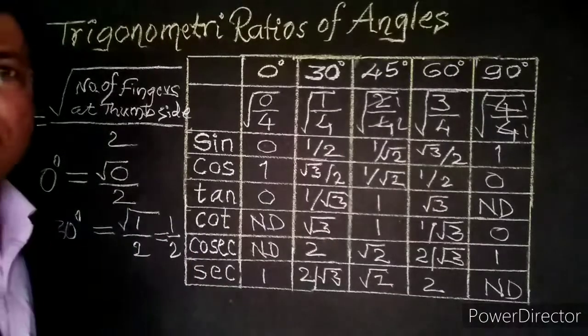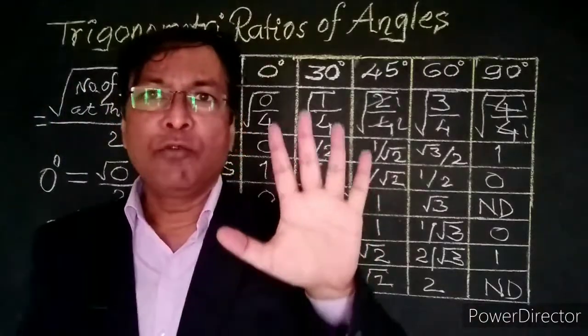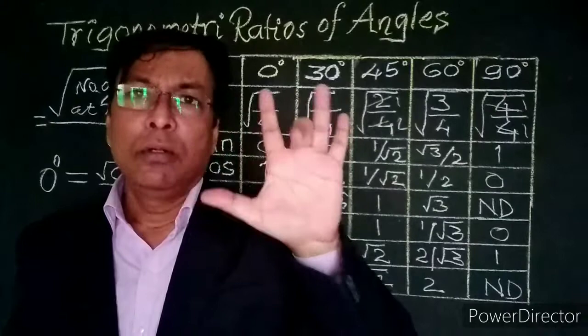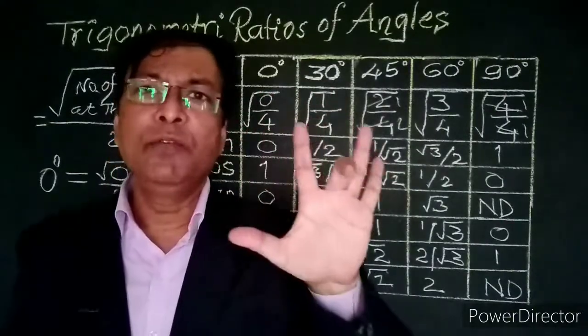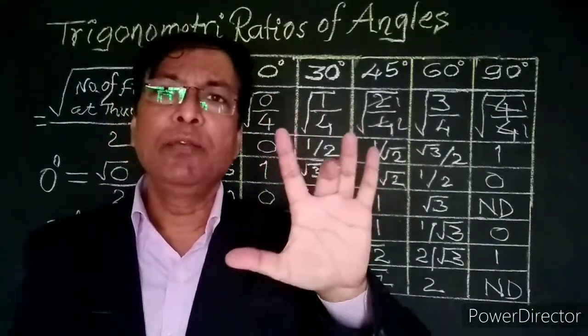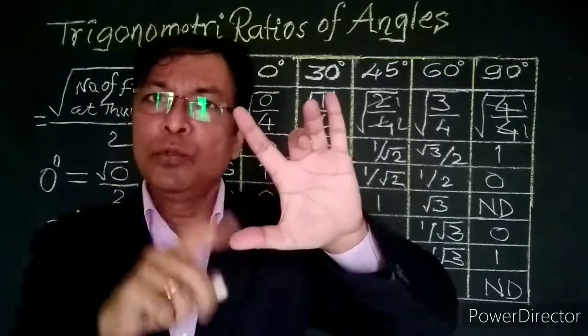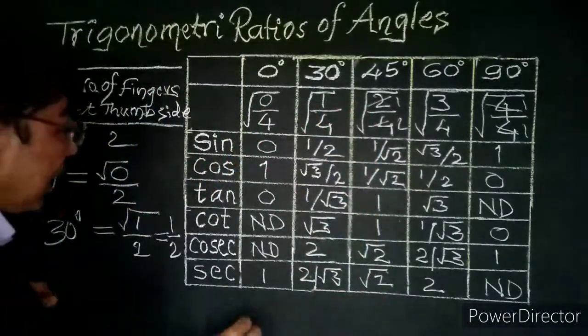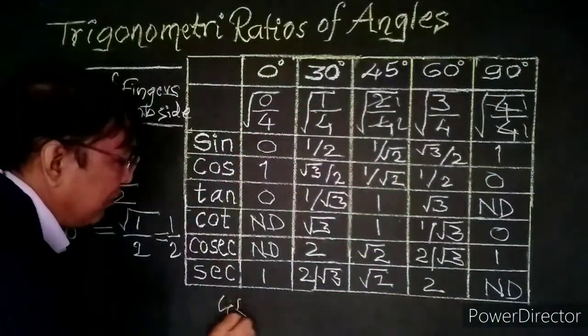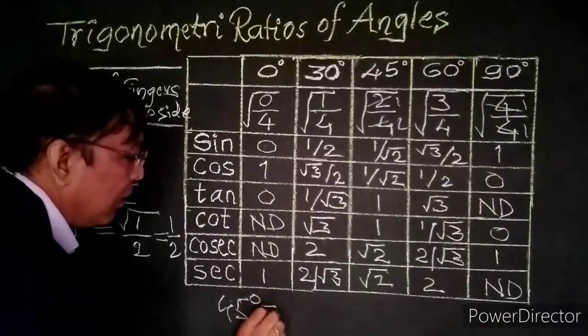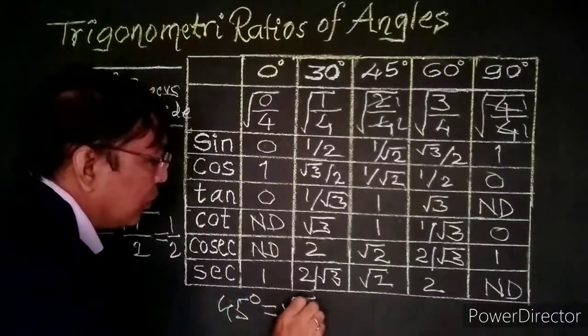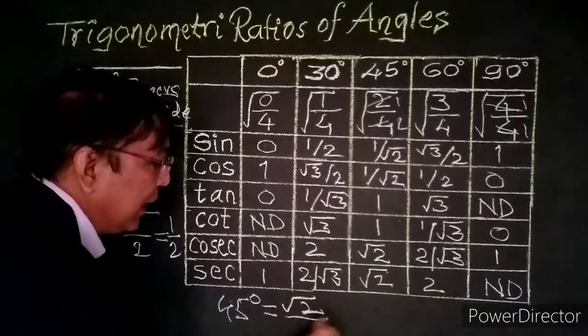Now to find sine 45 degree, I have to fold the middle finger. When I fold this middle finger, at the thumb side there are two fingers. So I write for sine 45 degree, square root of 2 divided by 2.